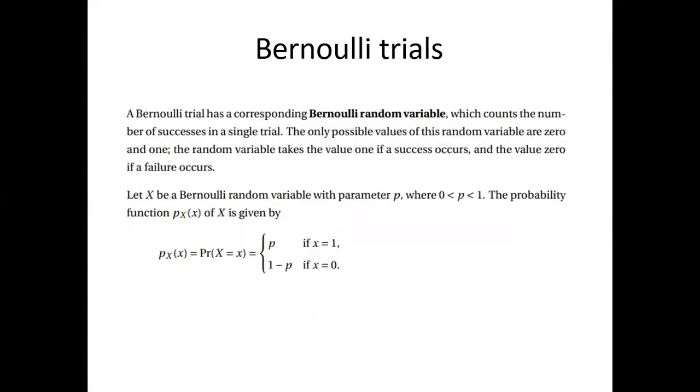Now, first of all, we'll see what a Bernoulli trial is. A Bernoulli trial has a corresponding Bernoulli random variable which counts the number of successes in a single trial.